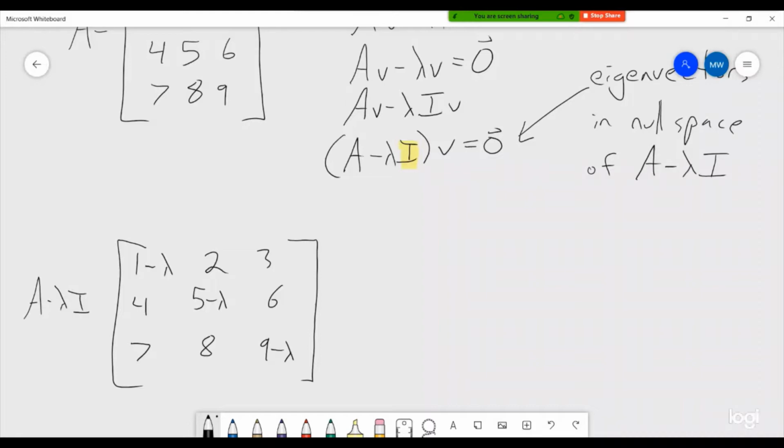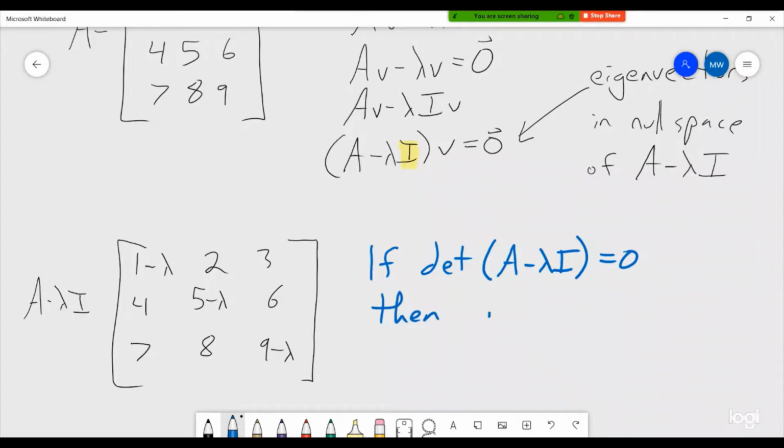And the way that we do that is if the determinant of A minus lambda I is equal to 0, then the null space is bigger than just the 0 vector. And so that's what we care about.